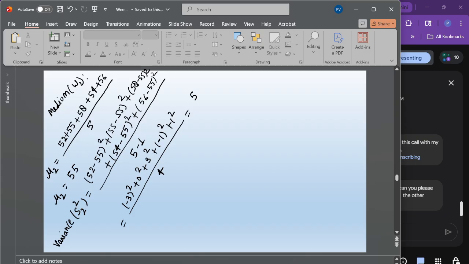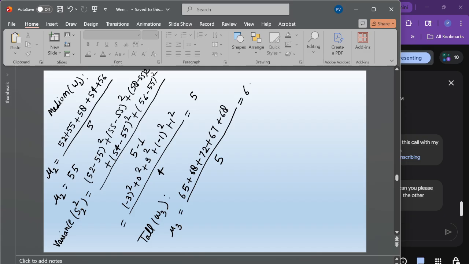Now similarly we need to calculate for tall, that is omega 3, so mu3 we will get as 65 plus 68 plus 72 plus 67 plus 68 by 5.